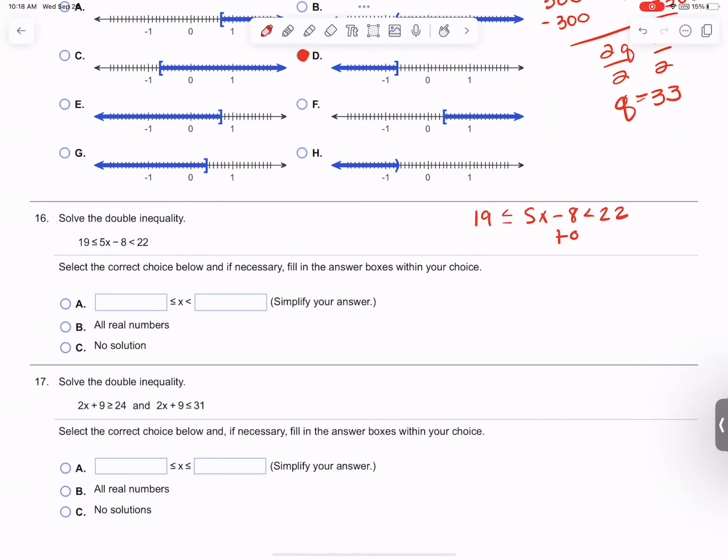Okay, I'm gonna add 8. Whatever I add to the middle, I have to add to each end. 30. Divide by 5.